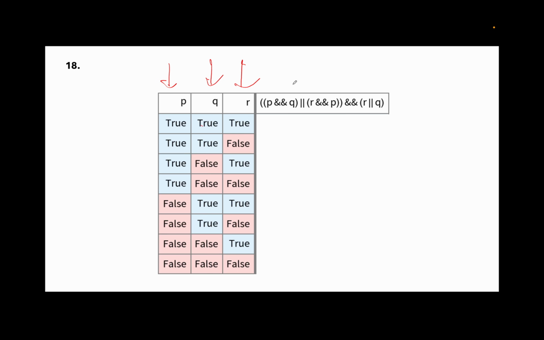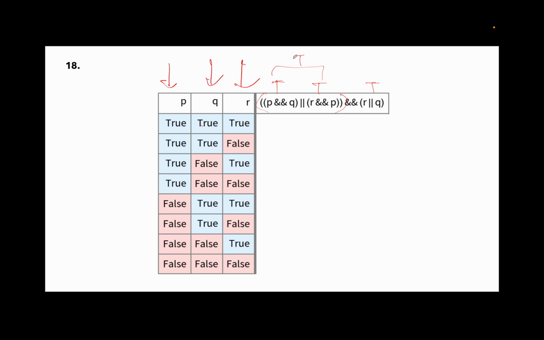So here the answer will be true. In the second case R and P are both true. And here R and Q, both are true. See, brackets are here. First bracket: the resulting value for this is true.